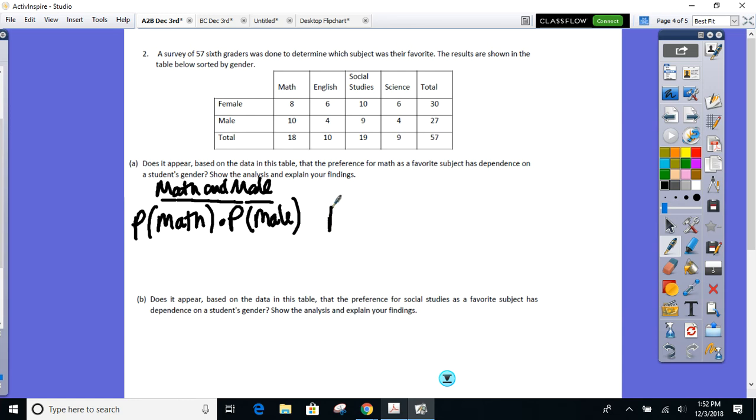Math and male. All right, use your table now, everybody. Use your table. What's the probability you like math? 18 out of 57, times the probability you're male.